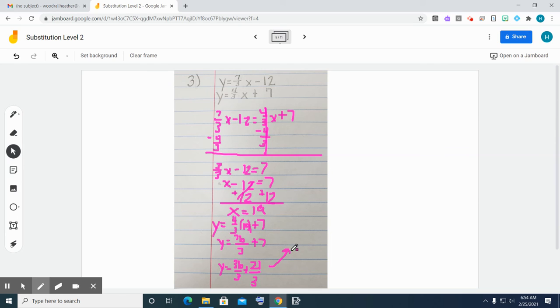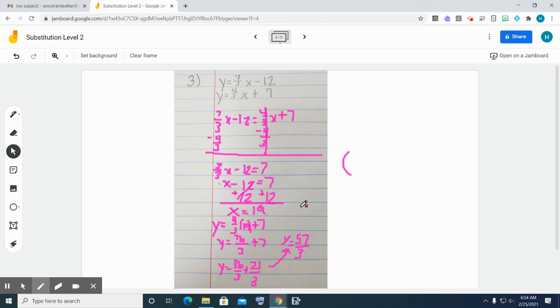So, sorry guys, I'm going to have to come over here to finish that. 76 plus 21, that's 97, and our denominator stays the same. So y is equal to 97 over 3. Okay, remember to check and see if that simplifies or not, but this one does not.